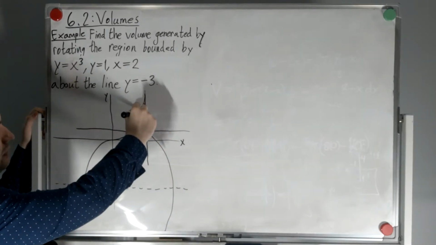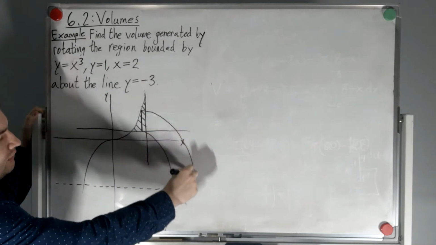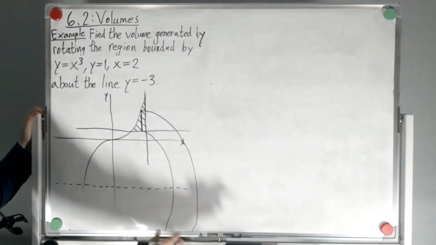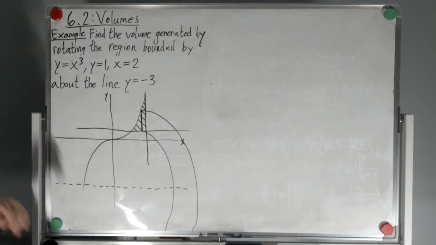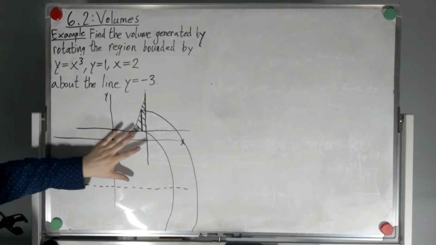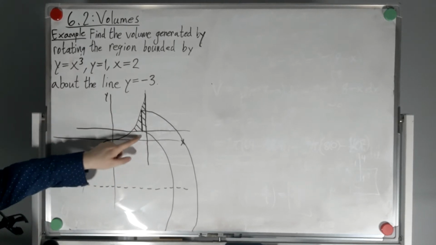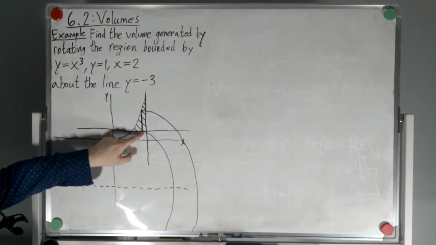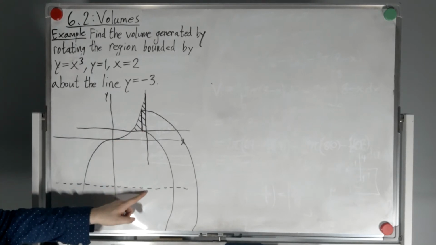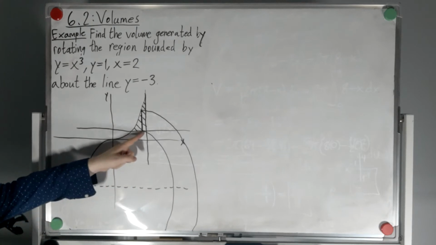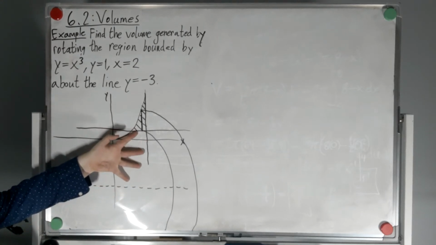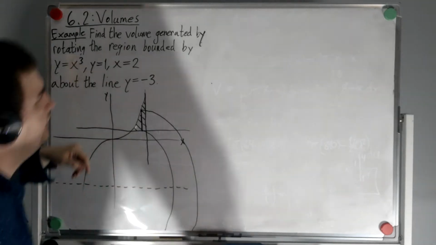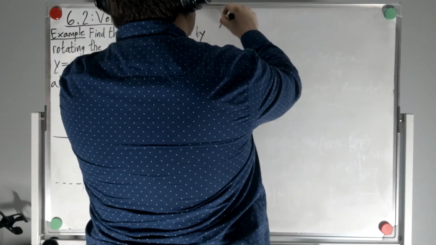It's going to be pretty huge. Anyway, it loops back around, whatever. So, the inner radius is going to be the distance between this point and -3. Well, this is y equals 1, so 1 minus -3 is, this length is 4. So the inner radius is 4.